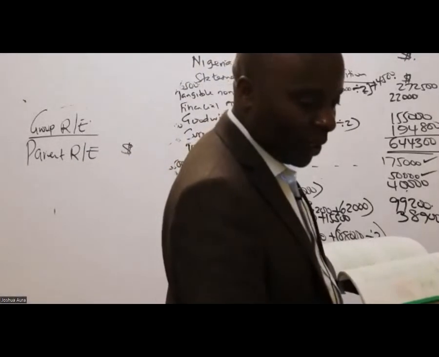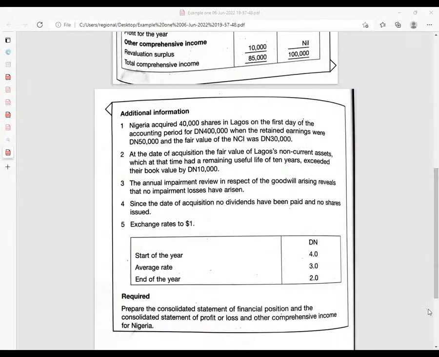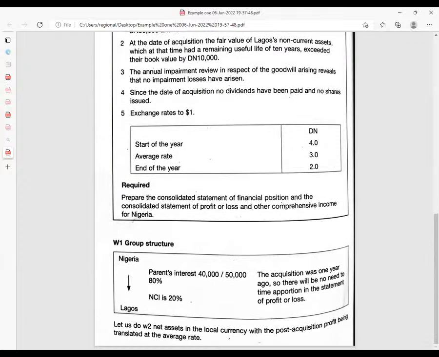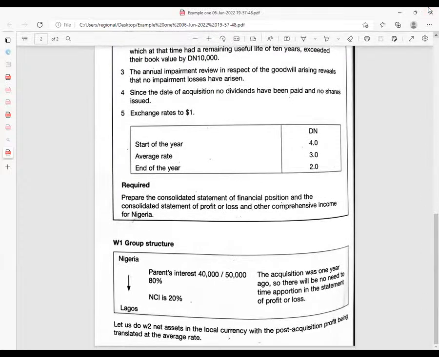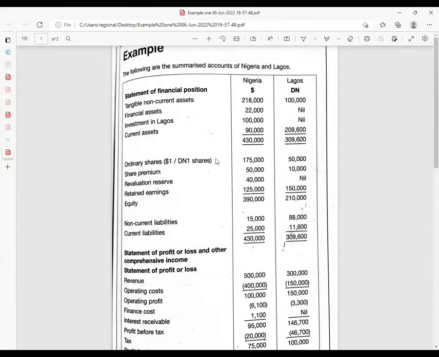What do we have here? Parents retained earnings from the balance sheet. Right? 125,000, isn't it?